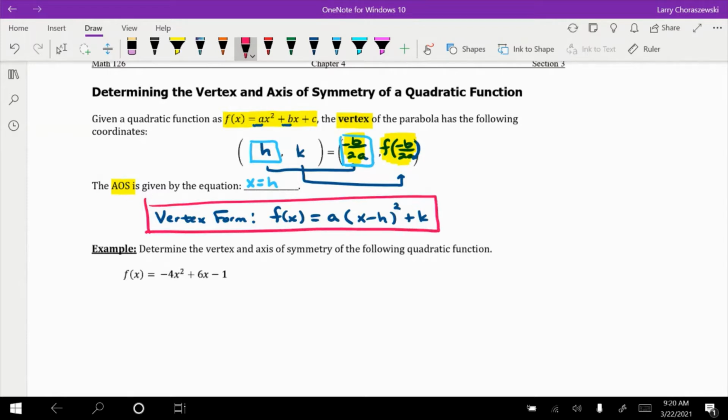So you'd be able to rewrite a quadratic function that's in standard form pretty quickly into vertex form by knowing the value of a, which is the same a that's in front of x squared, using the formula to get your value of h, and then using the second formula to get your value of k. And one nice thing about vertex form is that it's good for transformations. I just want to note that.